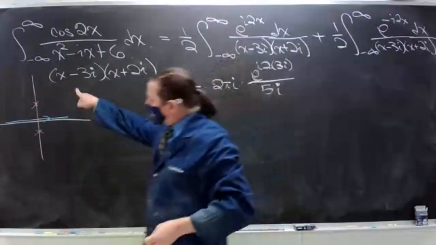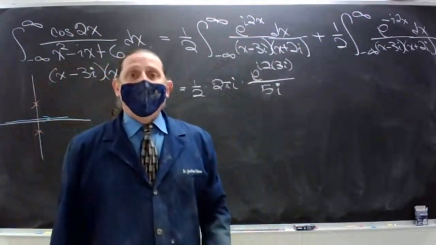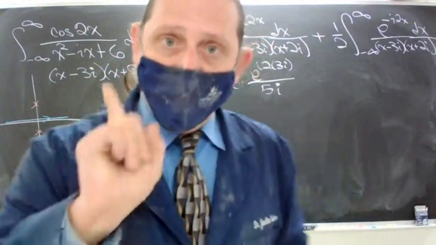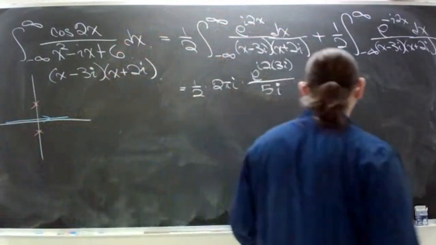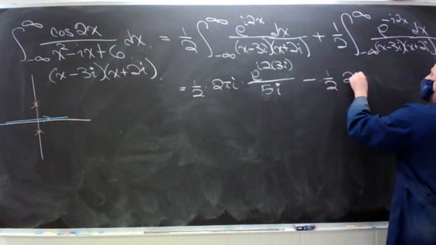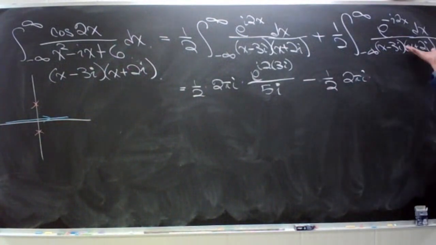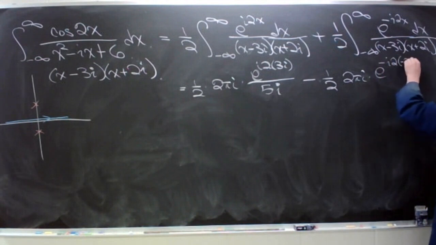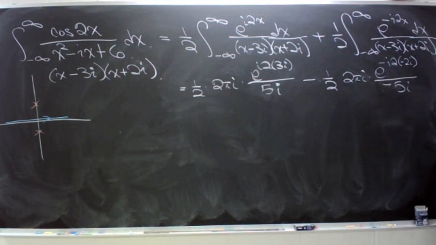Here, when I close in the lower half plane, I'll get a clockwise oriented loop integral. And that's going to cost me a minus sign. Now I'm picking up the simple pole at negative 2i. Just like that. Okay?